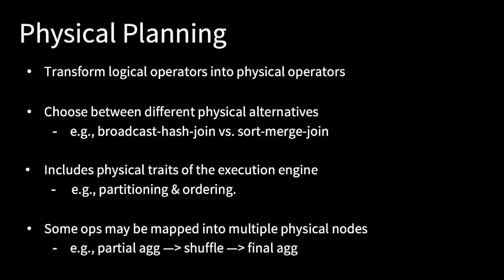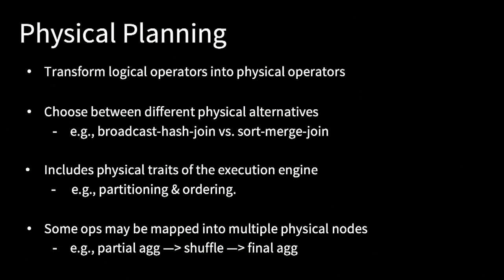For example, for joins, we have broadcast hash join, sort merge join, shuffle hash join, all kinds of strategies. These different physical strategies all have their own benefits and limitations. So picking a good physical plan is a lot about getting the right strategy for each operation.